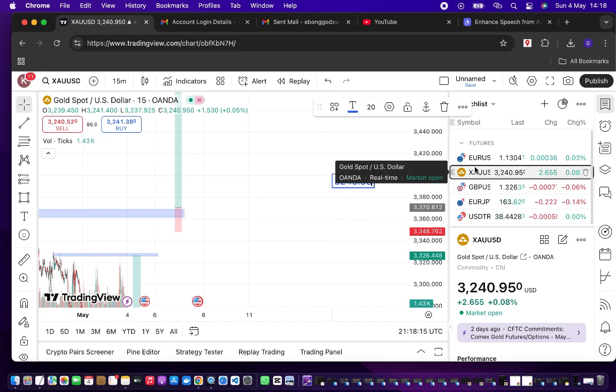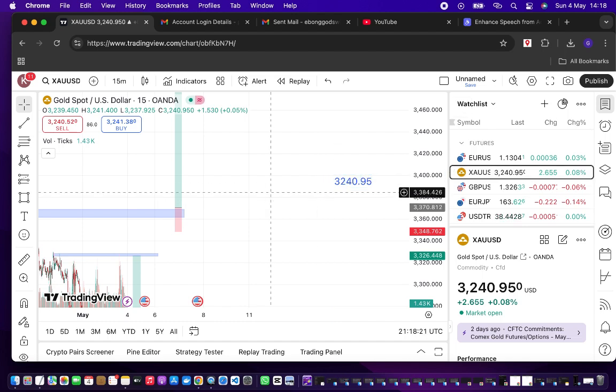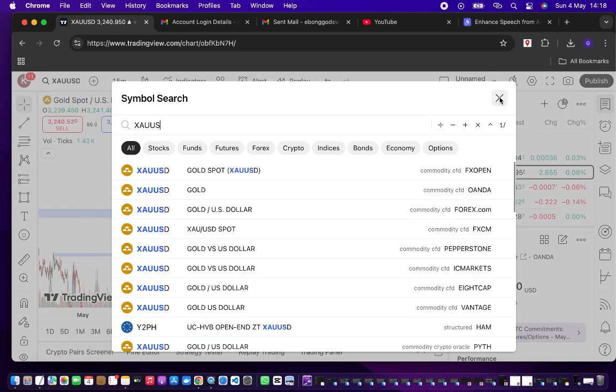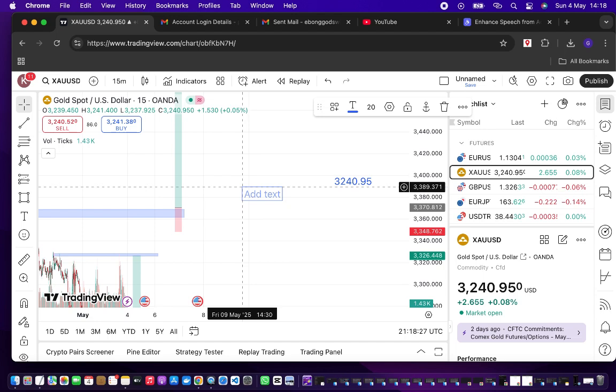And what does that tell you? That tells you that the cost of 1 gold, XAUUSD, a piece of gold, is 3240.95 United States dollars.